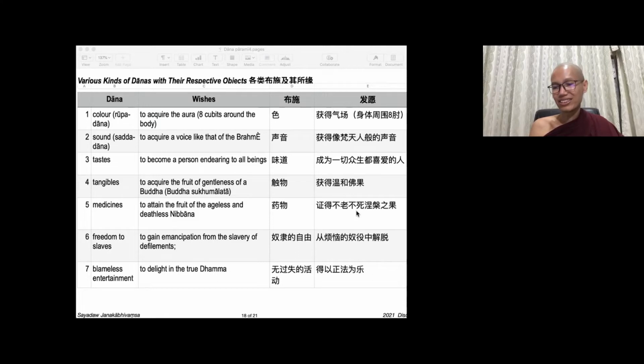It has a sweet sound. Those are some qualities of the Buddha's sound, or 8 types. Now I cannot remember all. So, to get a Brahma-like sound, the Bodhisattva offered sound donation.